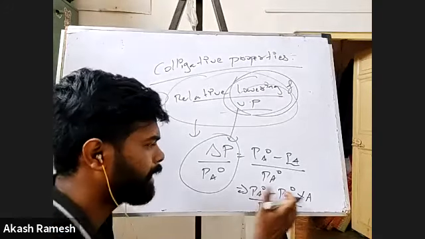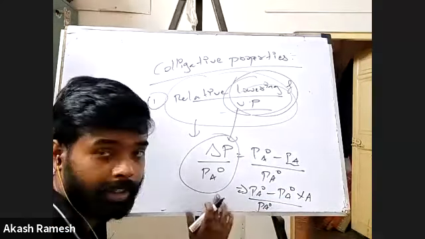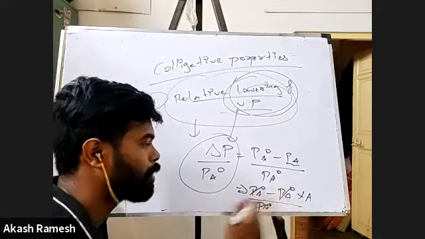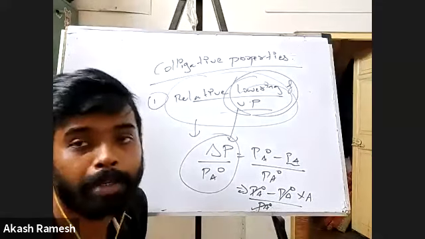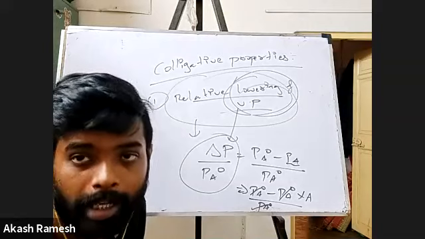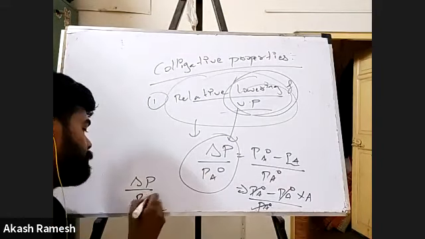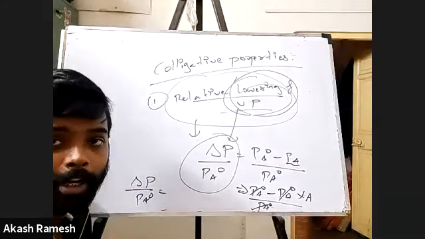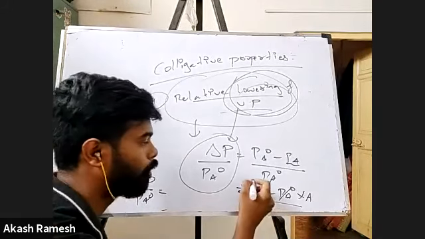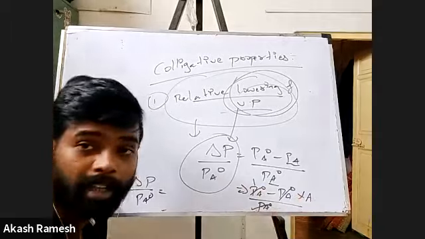Now, if I take PA naught common from the numerator, I will be able to cancel the PA naught. So now I get a statement like this: del P divided by PA naught is equal to 1 minus XA.